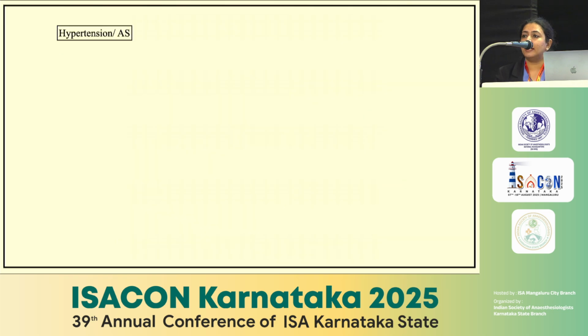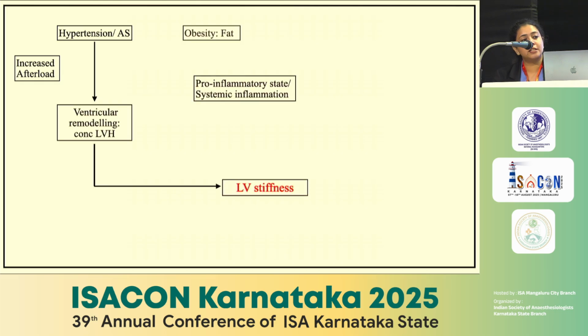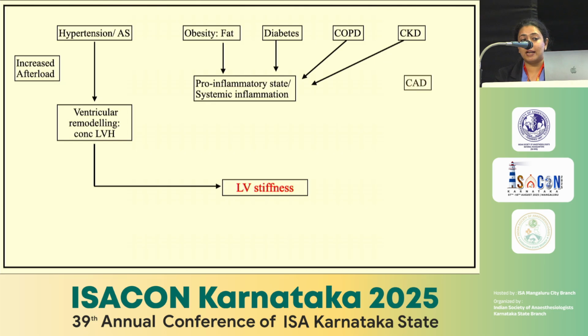On the contrary, in heart failure with preserved ejection fraction, the pathophysiology is intricate and not well understood. Chronic hypertension or pressure overloaded valvular heart disease like aortic stenosis result in ventricular remodeling, that is concentric left ventricular hypertrophy, impairing diastolic relaxation.